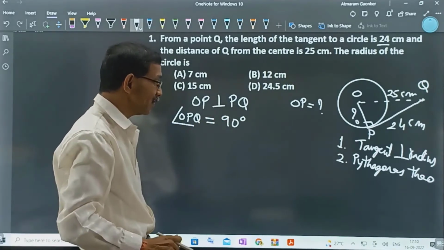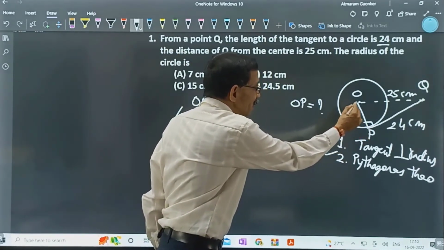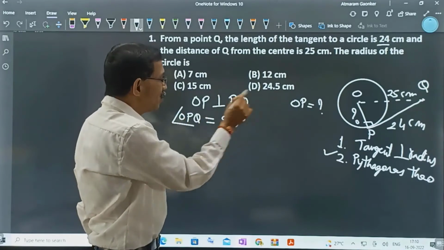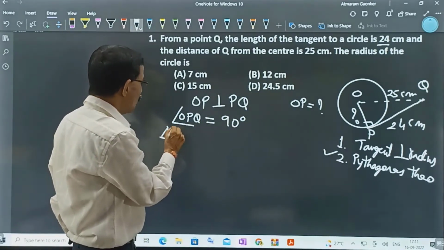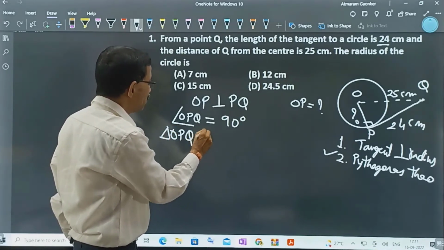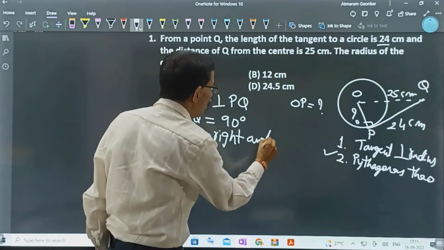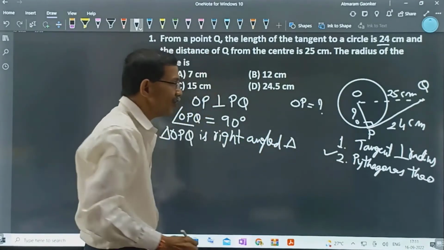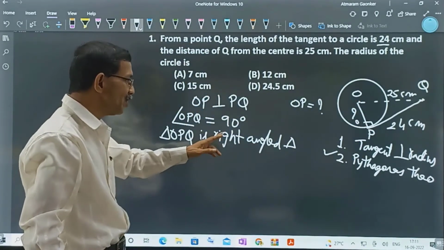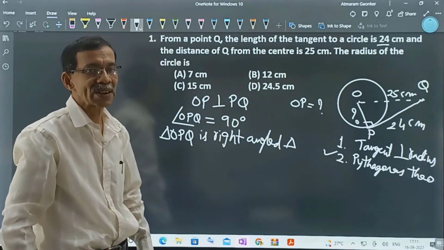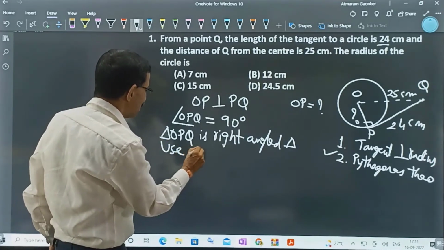Having done this, the second thing, when this is 90 degrees, triangle OPQ is a right angle triangle. So I will write here, triangle OPQ is right angle triangle, and where is the right angle? Right angle at P. Once we know this, we can use Pythagoras theorem for the three sides.